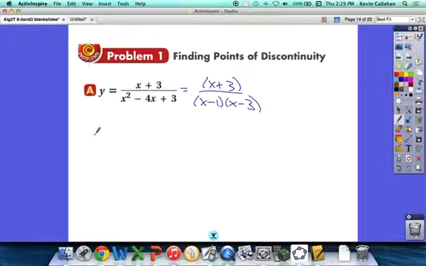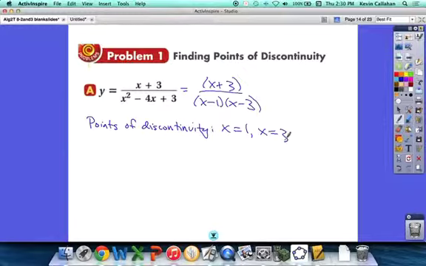Okay, so now the points of discontinuity. X equals the zeros of the denominator, 1 and 3. The points of discontinuity are x equals 1 and x equals 3, right?